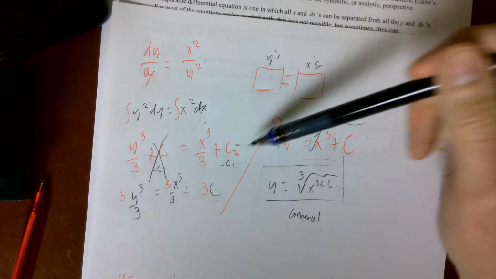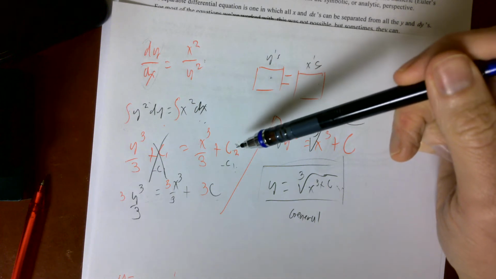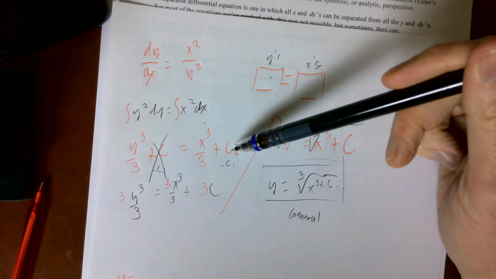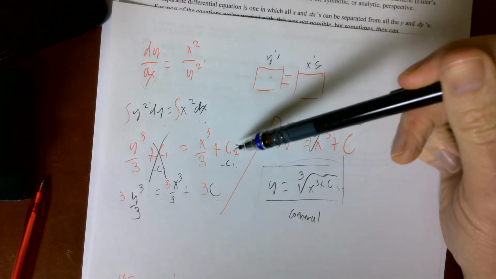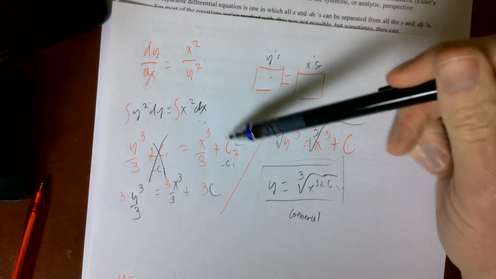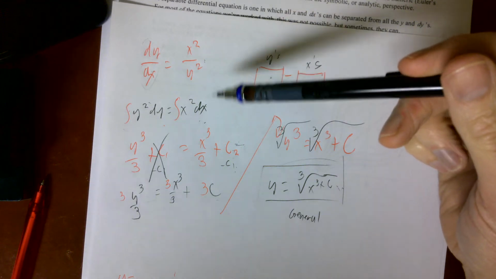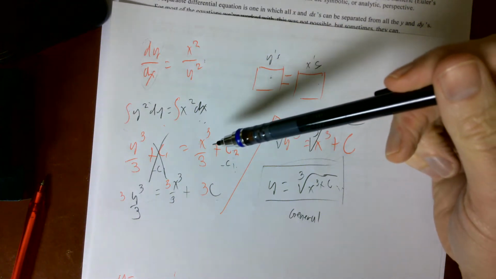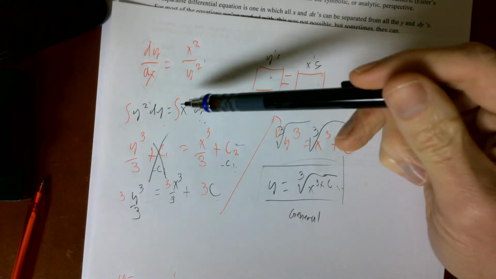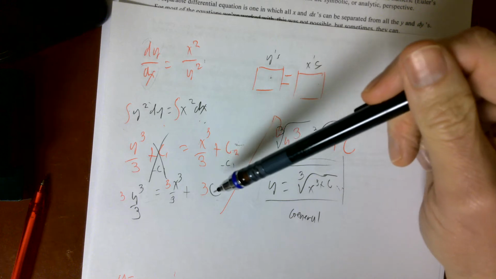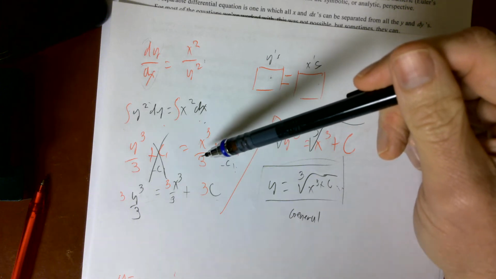That's actually a really big deal. Pretty much I'd like to say every year, but at least every other year, there's a free response question that requires you to solve a separable differential equation. Free response question is typically worth 9 points. Solving this procedure of actually solving the differential equation is usually worth 5 points.